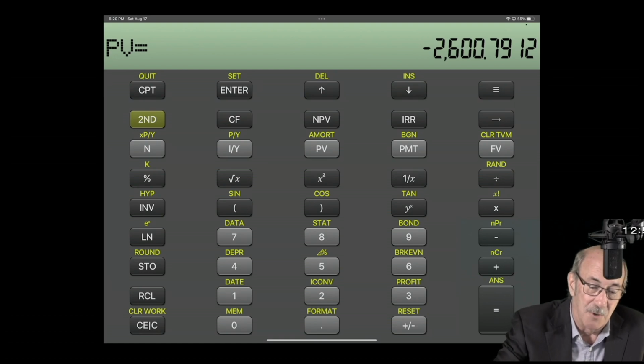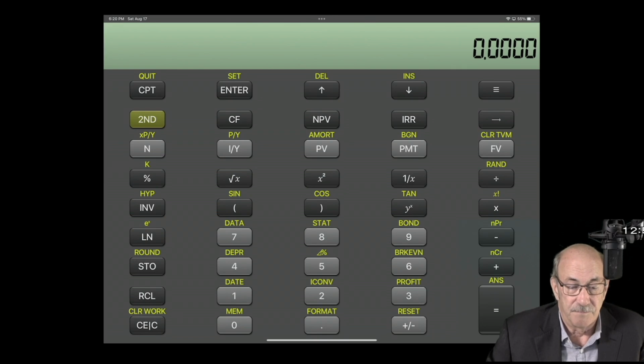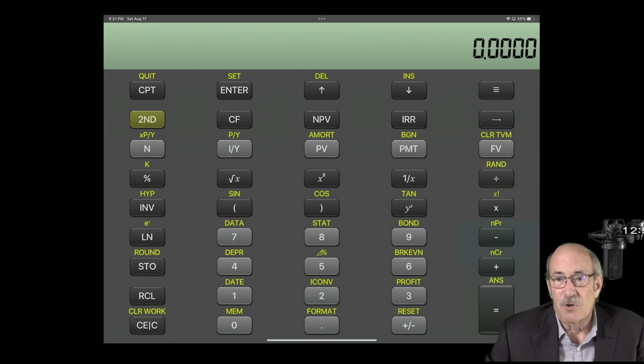So first, again, I'm going to clear my work and I'm going to clear the current registers. And now I'm going to be using the keys in the second row. In particular, I'm going to be looking at the second column, second row, that's the CF key, and I'm going to be looking at the NPV key.